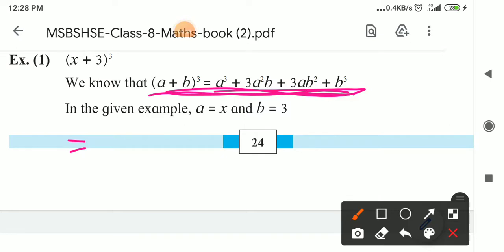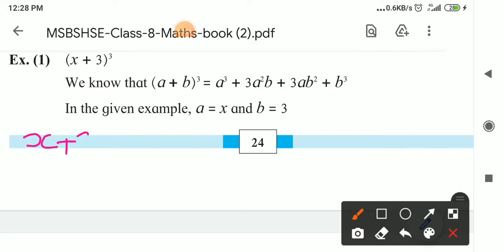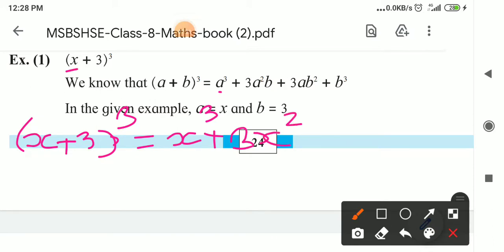So first of all, (x + 3) bracket cube equals, first term cube, means a cube, here x cube. Plus 3a square b, a means x, so 3x square, and b is 3, into 3, multiplication in between them.